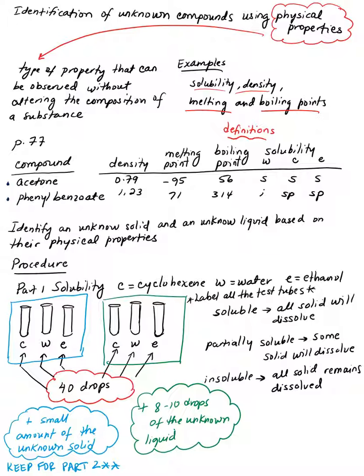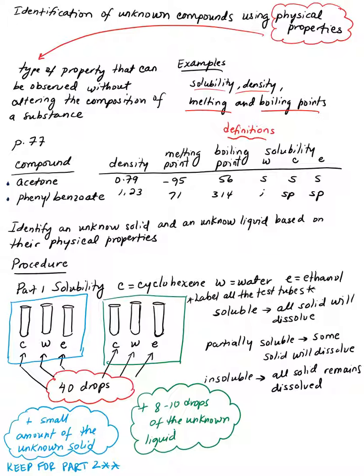You have your phenyl benzoate here, the second example, and for that one you have a positive melting point. It means that at 20, which is lower than that one, your phenyl benzoate is a solid, and it will be a solid all the way until the temperature reaches that amount, 71.